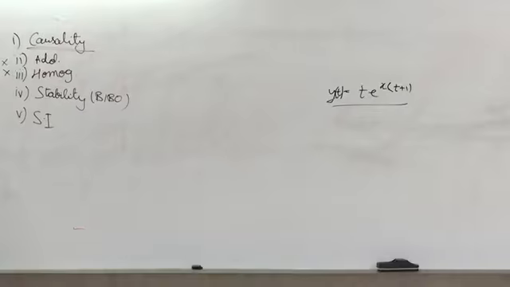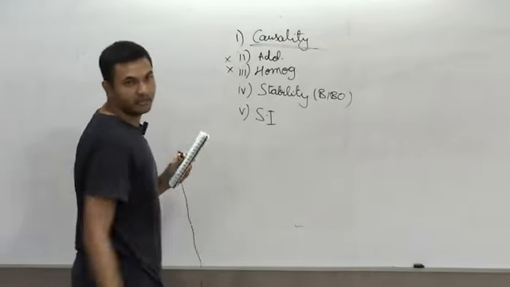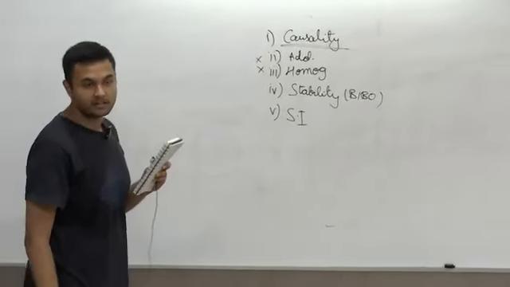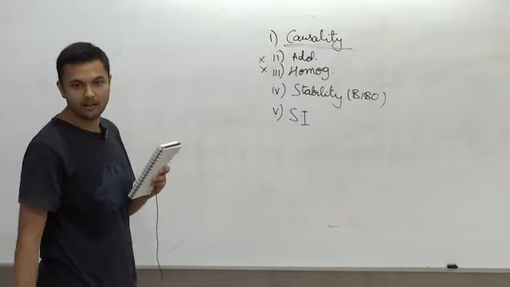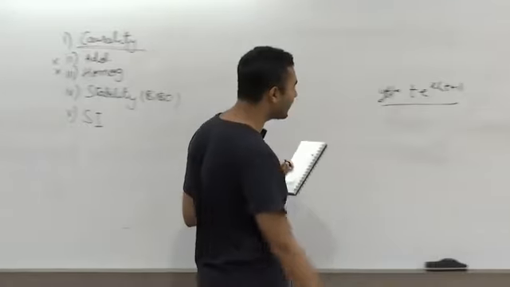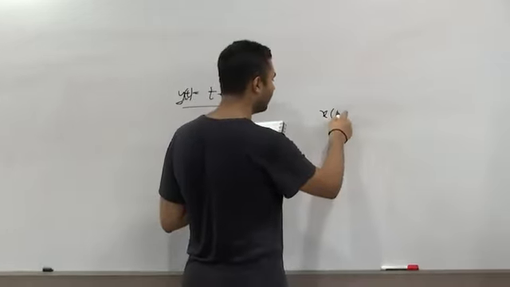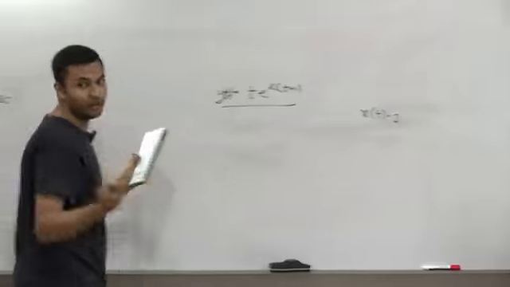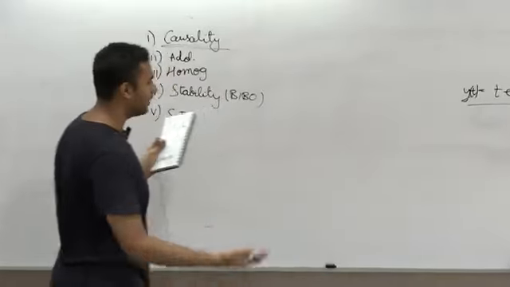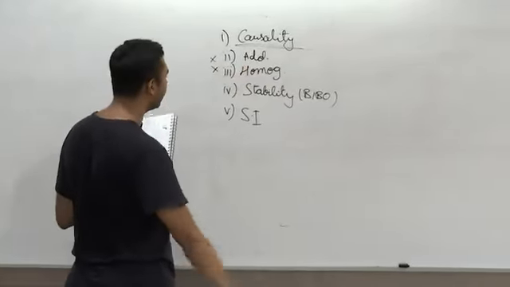Is it causal? Is it additive? Homogeneous? Stable? Why is it not stable? Correct. So if I just give x of t equal to 1, then itself you have an unbounded output, because y of t is equal to t, which is unbounded, right?